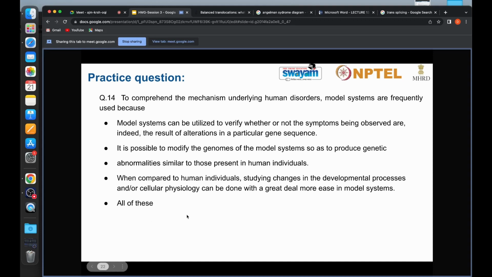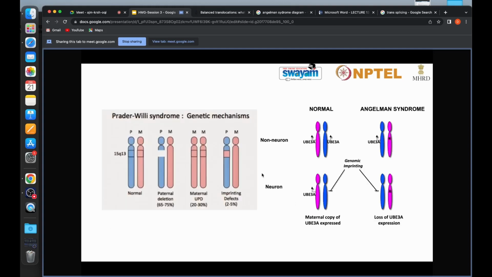So the correct option was all of these, because model organisms make our life easier, and we can observe different symptoms by altering particular gene sequences, and they reproduce easily. We can observe the developmental processes and cellular physiology with much more ease as compared to humans. So these model organisms are very helpful.